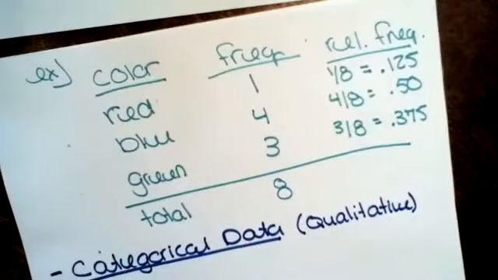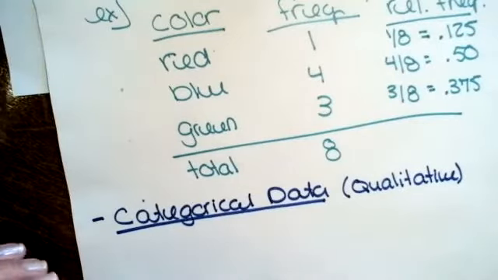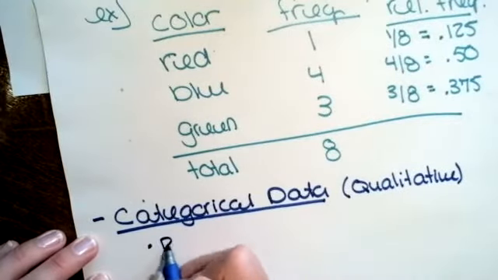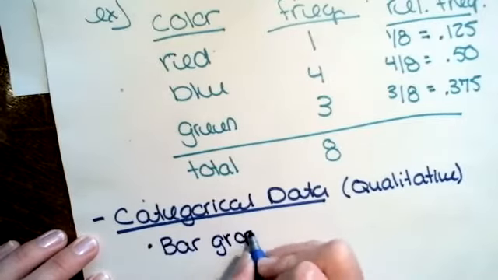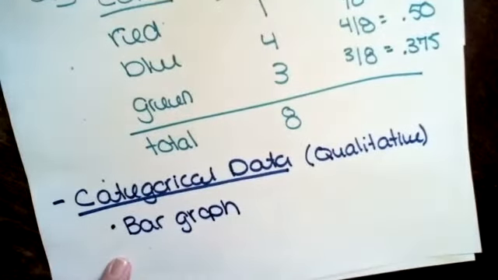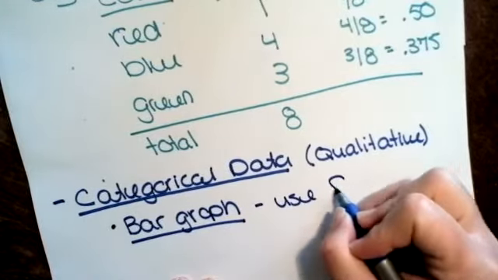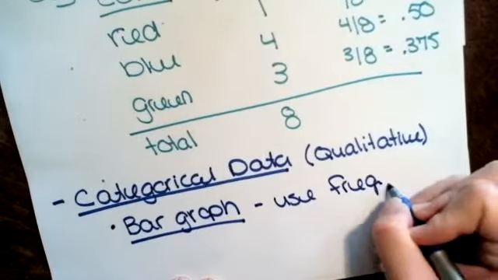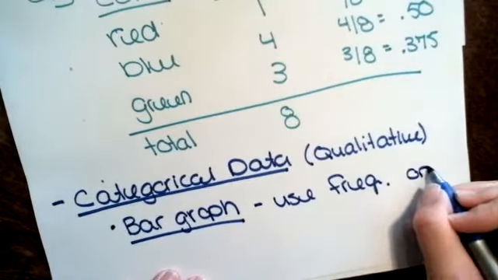So my qualitative data, that's a category. So the different graphs we may see for this, the bar graph, which I know we've seen before. Just watching the news, you're going to see a bar graph. And when we're looking at a bar graph it's going to use frequencies. Or it can use the relative frequencies.